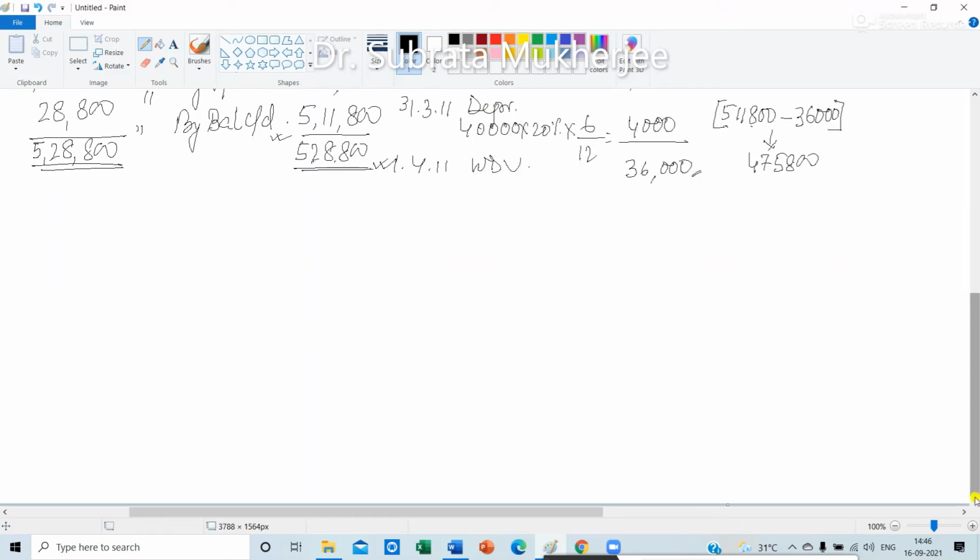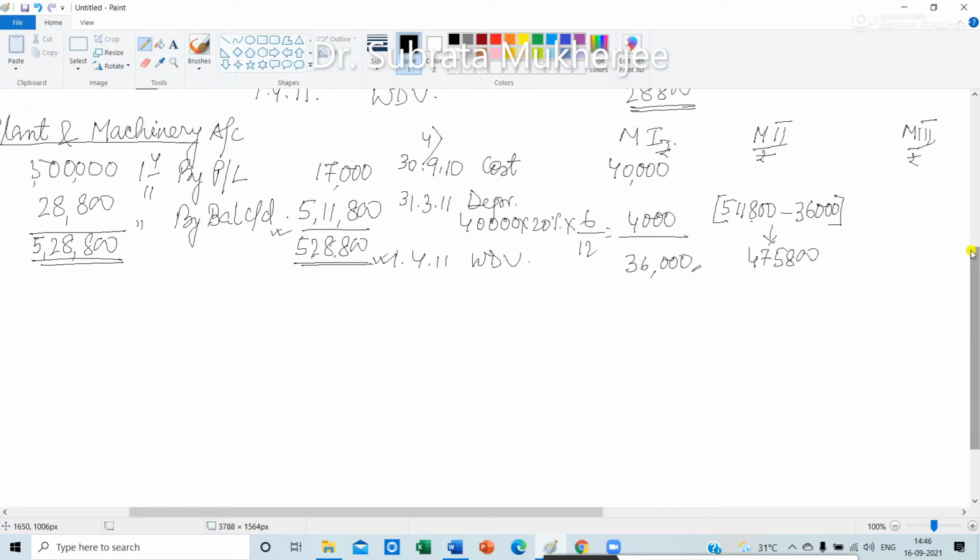So let's see. On 31st December 2011, depreciation was charged on 36,000 into 20% into 9 by 12. This figure is 5,400. So the written down value of M1 is 30,600.